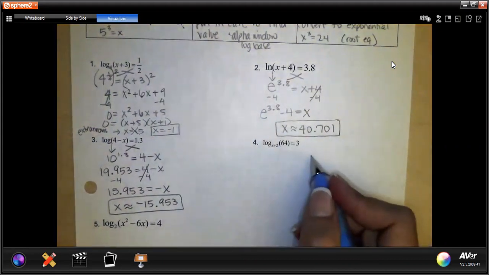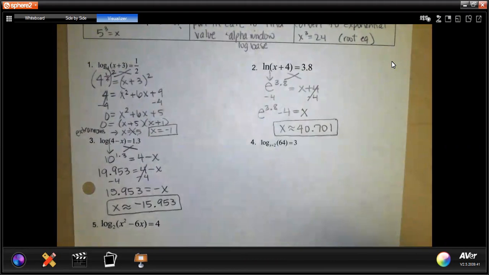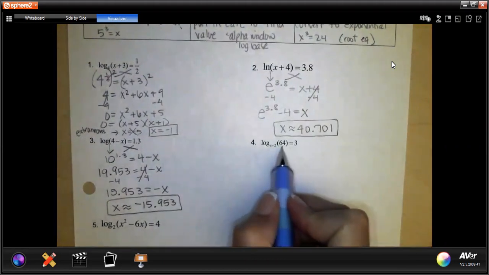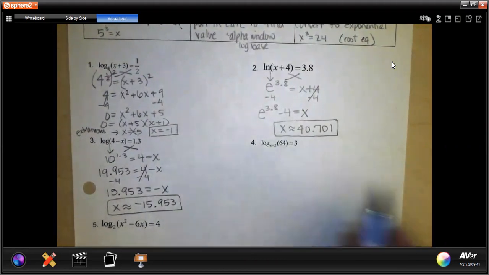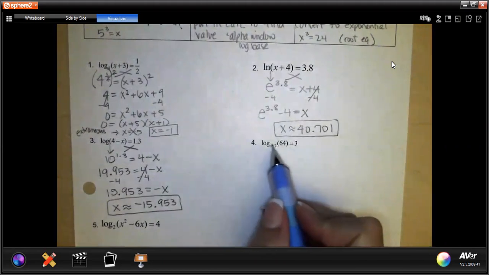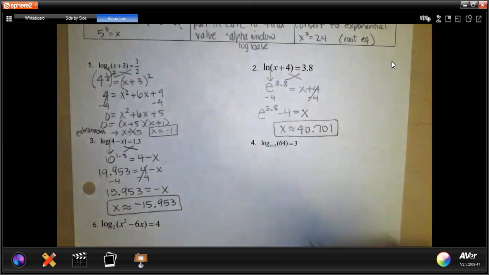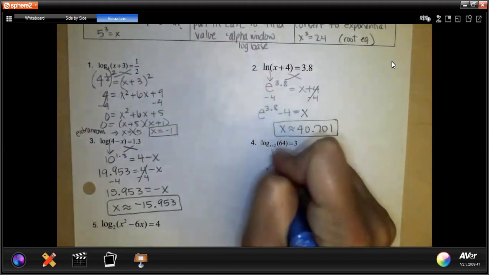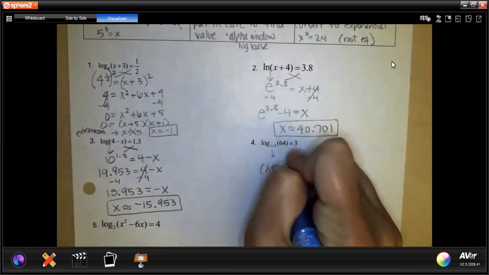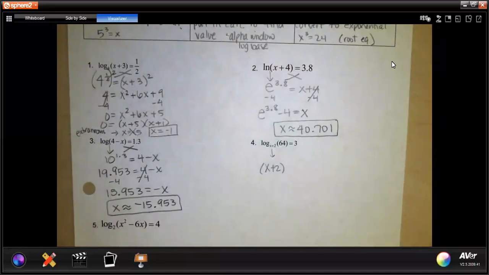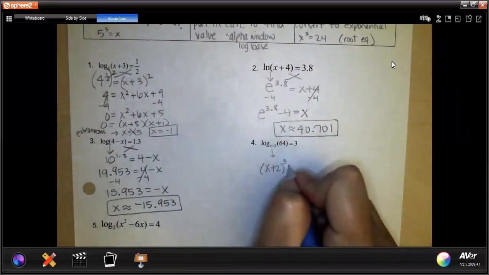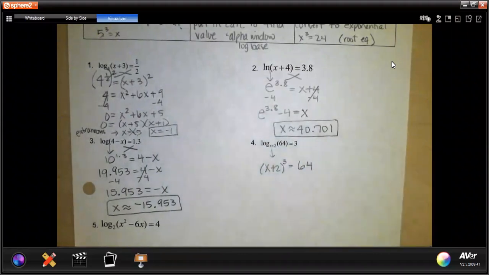All right, for our next one here, we have log of x plus 2 in the base of 64 is equal to 3. Again, the unknown is in the base, so we want to convert that to an exponential. When we convert this to an exponential, that is our base, x plus 2. That entire thing is our base. And then we switch, so we get x plus 2 to the third power is equal to 64.